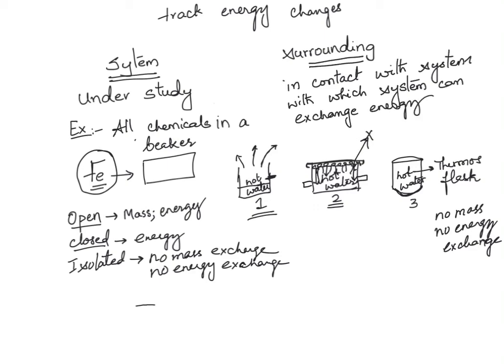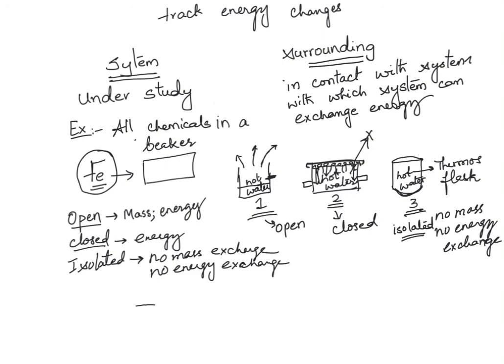So in this example right here, this is an example of an open system. This is an example of a closed system, and this is an example for an isolated system. Although this is not going to be isolated for a long time.